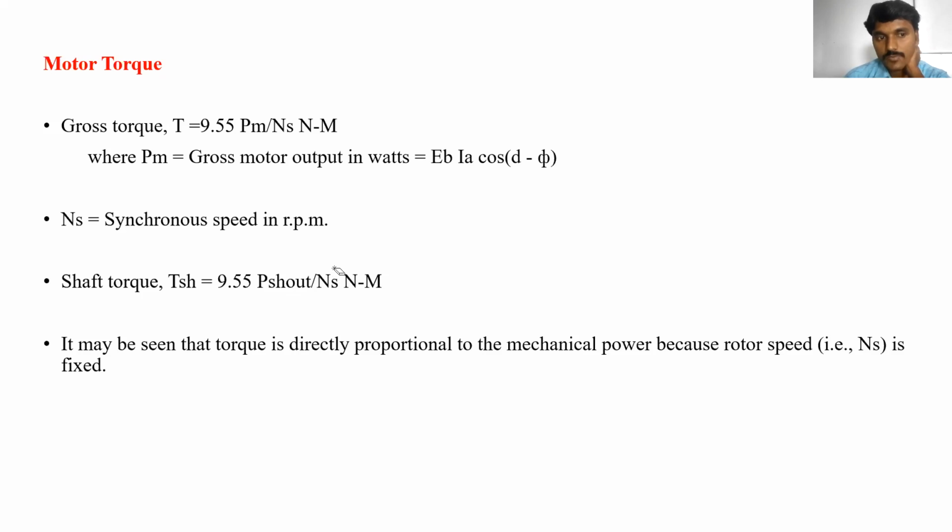And shaft torque Tsh is equal to 9.55 into Psh out, the shaft output power, by Ns. So shaft torque is shaft power into 9.55 by Ns. This is the gross torque and this is the shaft torque only.